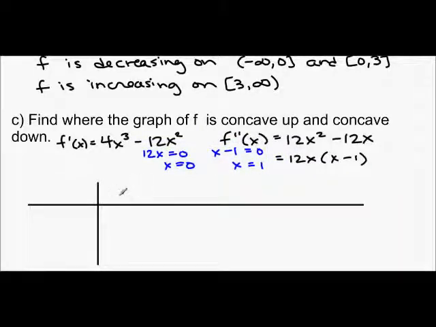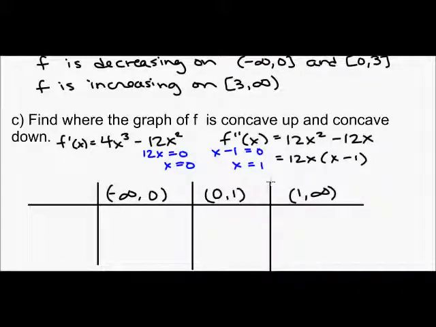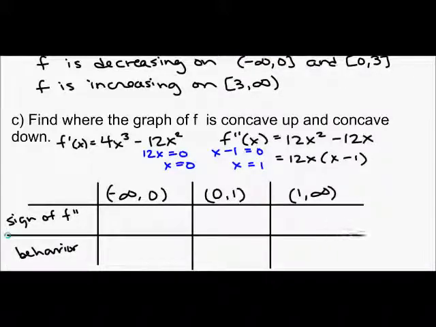So I'm going to have an interval from negative infinity to 0, 0 to 1, and 1 to infinity. Okay, and I want to know the sign of f double prime and the behavior. So is it concave up or concave down is what I want to know.